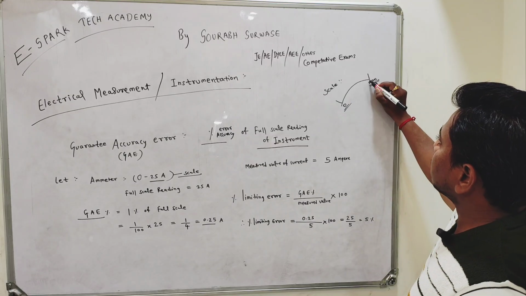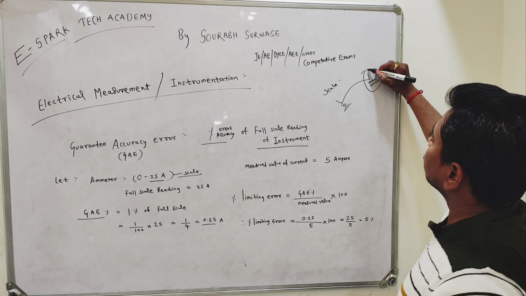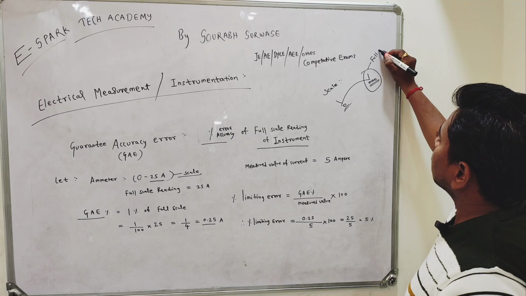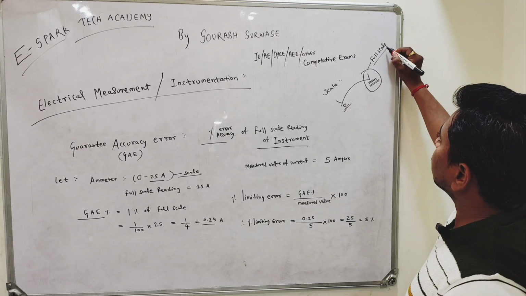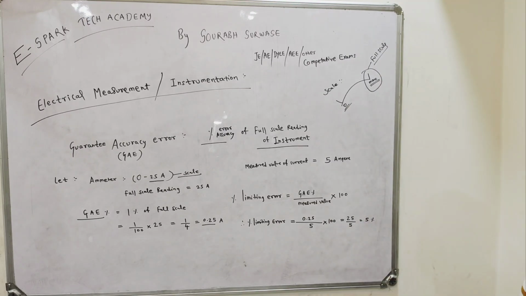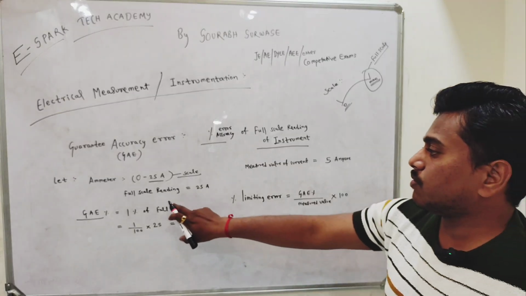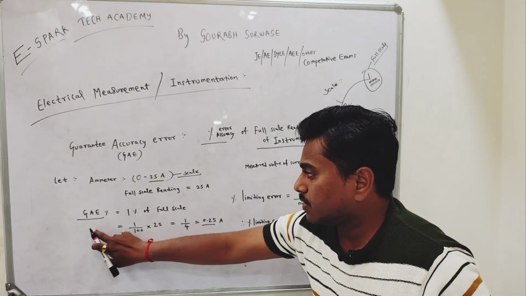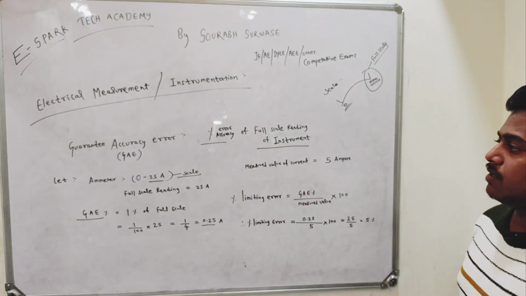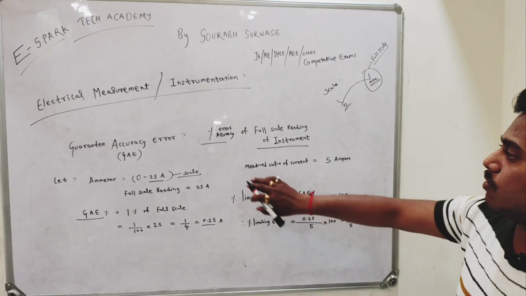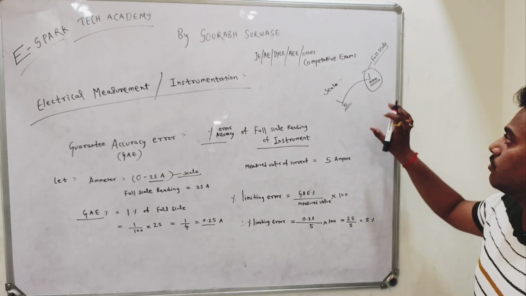This max value will be nothing but the full scale. In the given problem you will calculate the full scale like that, and from the full scale the GAE, guaranteed accuracy error, will be given. It will be in the form of a percentage of that full scale.